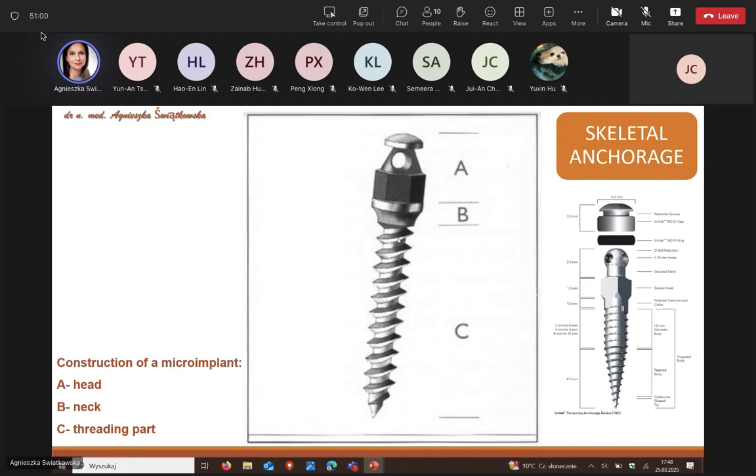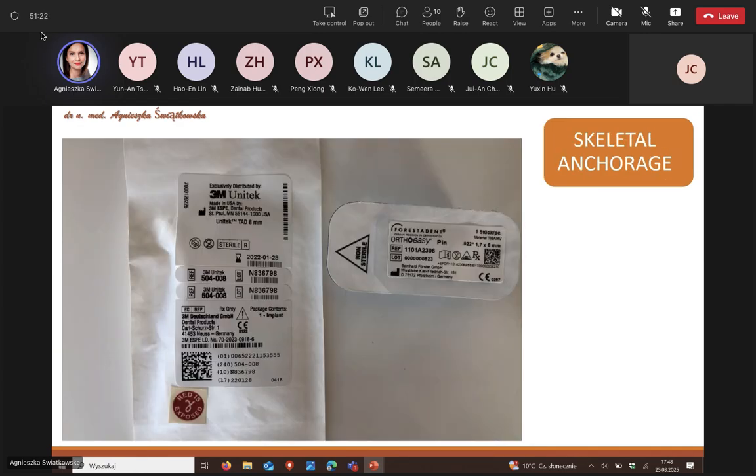This part is in the bone, this part is outside the bone, this is above the gingiva. Here, as you see, we have a space, we can use elastic here, we can use wire in this hole. So there are a lot of possibilities of connection with this kind of micro screw.